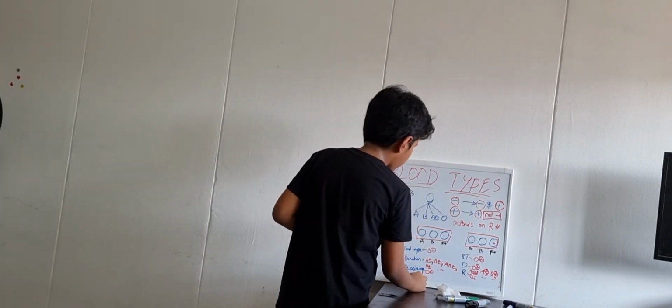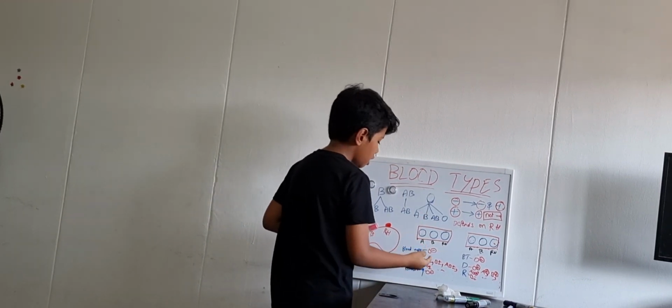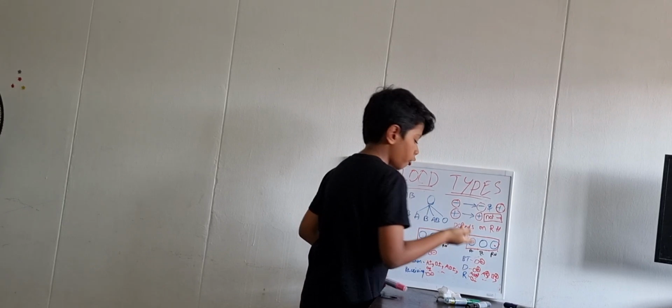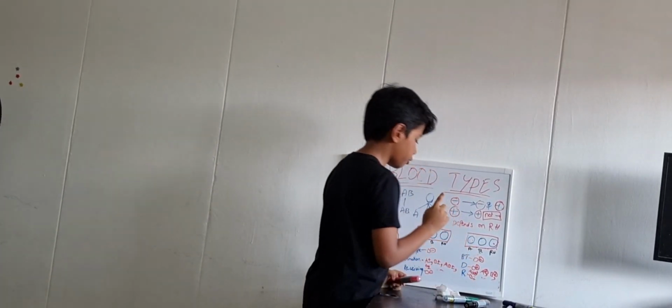Okay? And for the receiving, I told you he cannot receive from anybody. Why? He's using everything to attack. So it means all he could receive from is O. You got it? Now we'll recap the O positive. If you're having an O positive, there'll be only clumping in the RH.